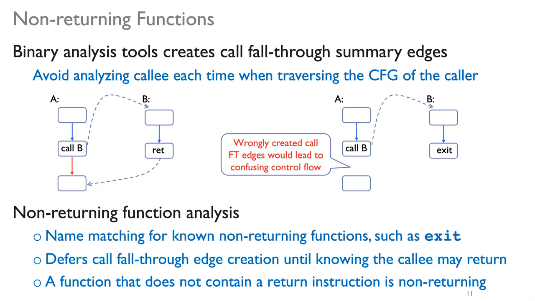If a function does not reach a return instruction, then it must be non-returning. In the context of parallel CFG construction, the analysis of non-returning functions causes analysis dependency, as the analysis of the caller depends on the analysis of the callee, which may eventually cause analysis serialization.